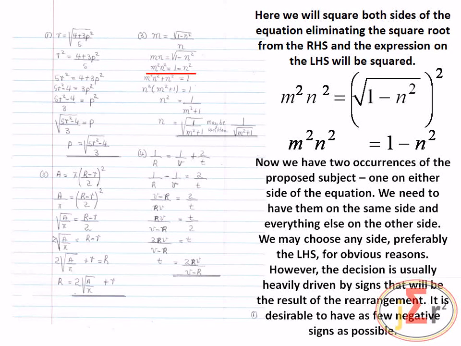However, the decision is usually heavily driven by signs that will be the result of the rearrangement. It is desirable to have as few negative signs as possible, and we may not look at that at the end of this solution, but definitely before the end of these transposition tutorials we'll take a look at what we mean when we say as few negative signs as possible.